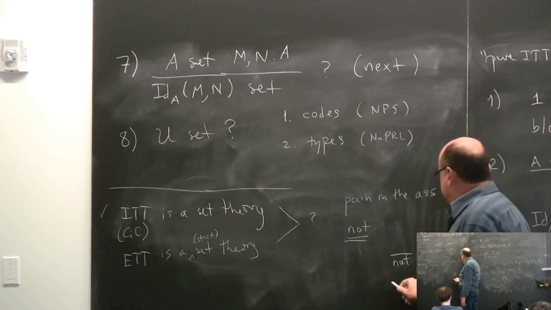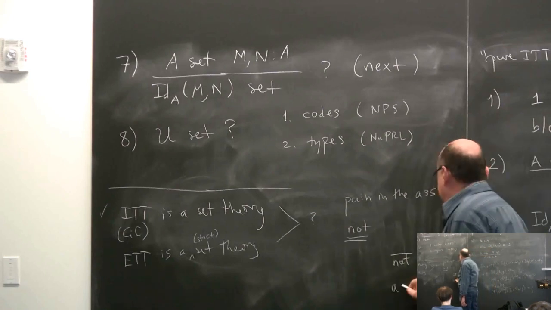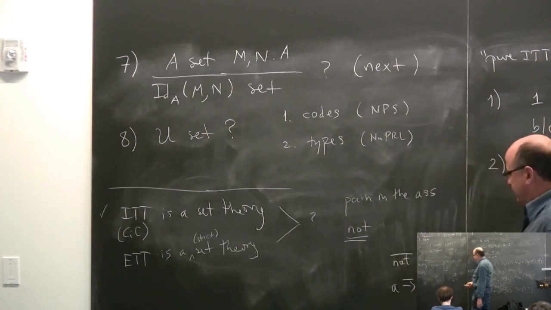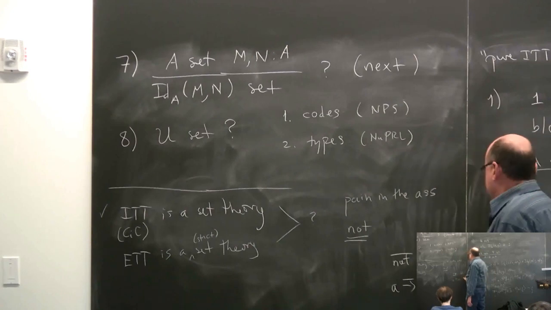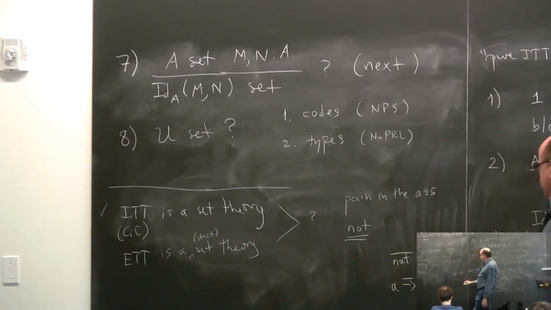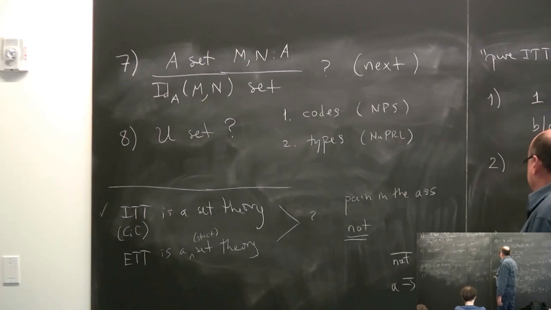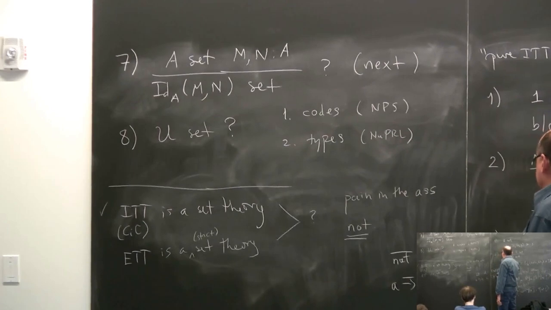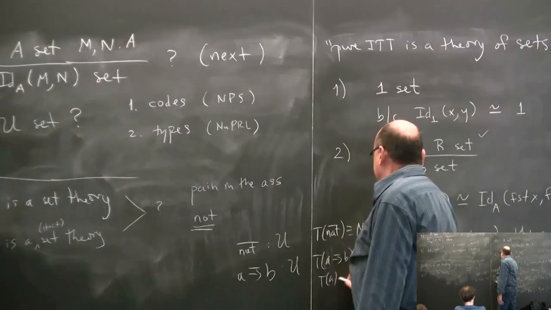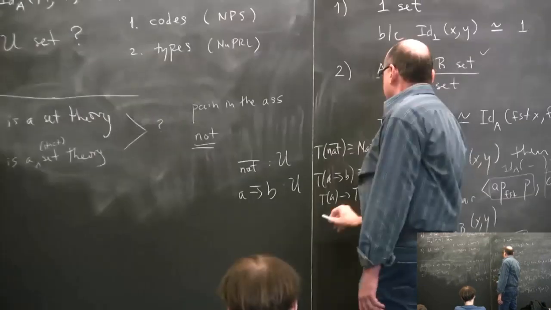And then you would say a arrow overbar. I know it's a little ugly, but what can I do? I have a code for the function space, and I would say, if you give me codes, then that is the function space between the codes, etc.